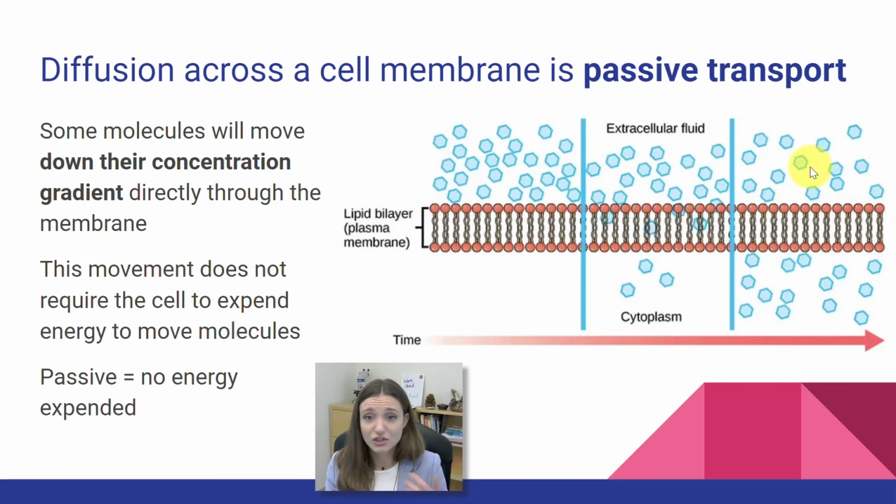This process just happens due to Brownian motion. It does not require the cell to expend any energy, therefore this is a type of passive transport. No energy was used by the cell. Molecules moving from high concentration to low concentration until they reach equilibrium without using any energy is passive transport.